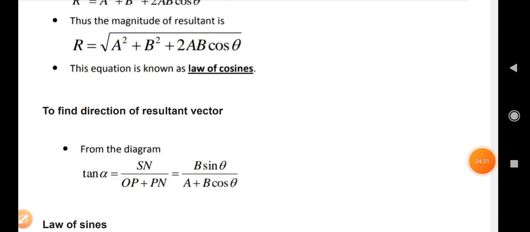Magnitude of resultant R is equal to under root A square plus B square plus 2AB cos theta. This equation is known as law of cosines.